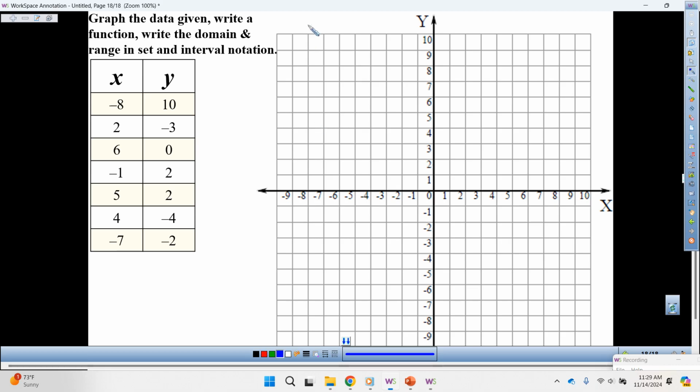The points are -8, 10; 2, -3; 6, 0; -1, 2; 5, 2; 4, -4; -7, -2.